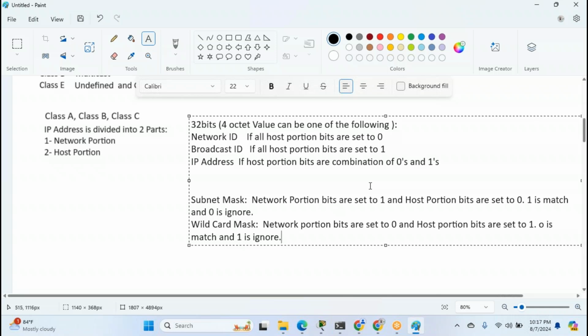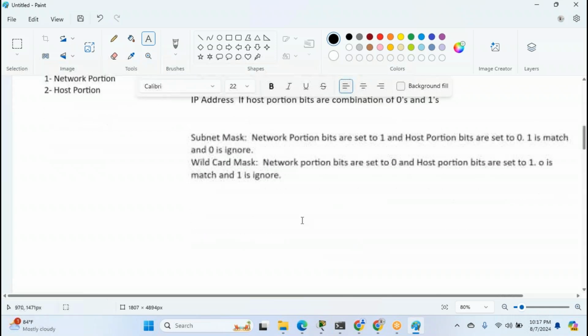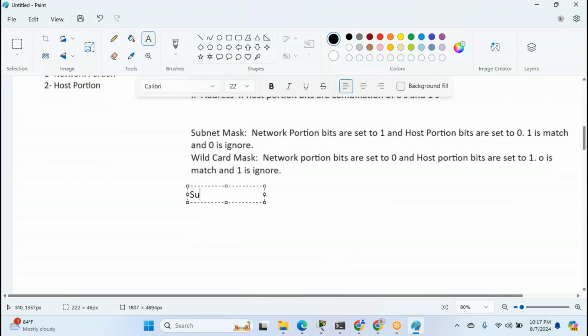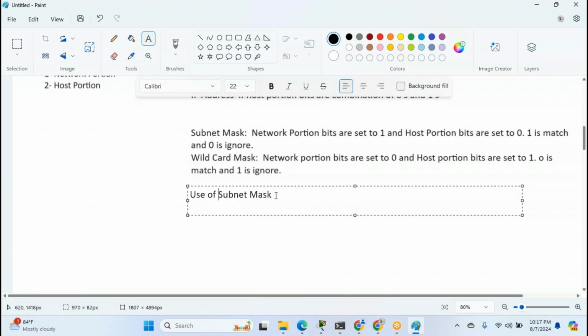First of all, we need to understand why we use subnet mask. Can anyone tell why we use subnet mask? Any idea?